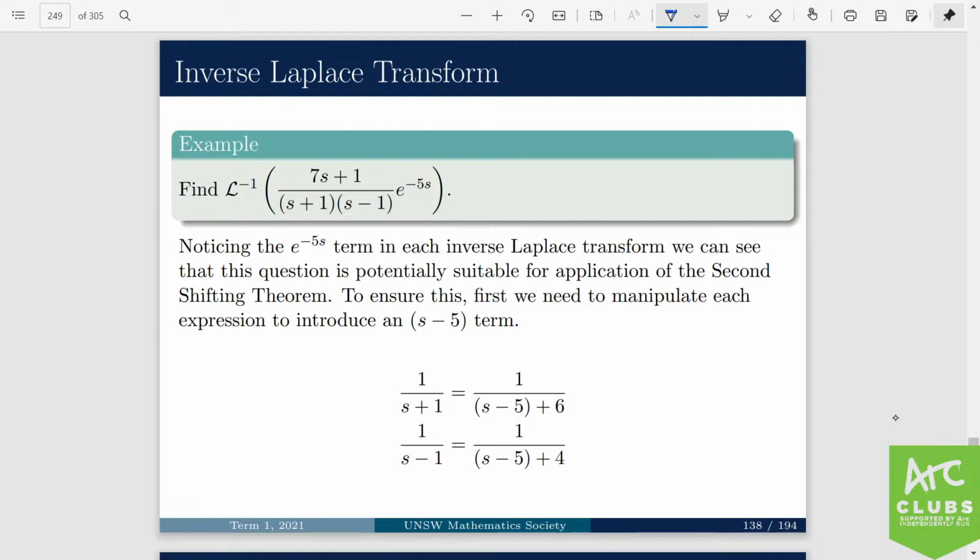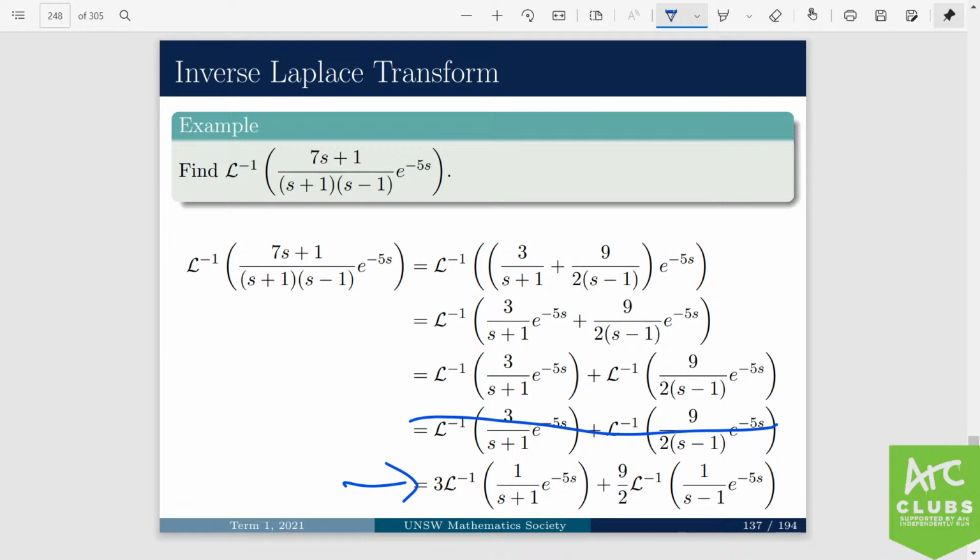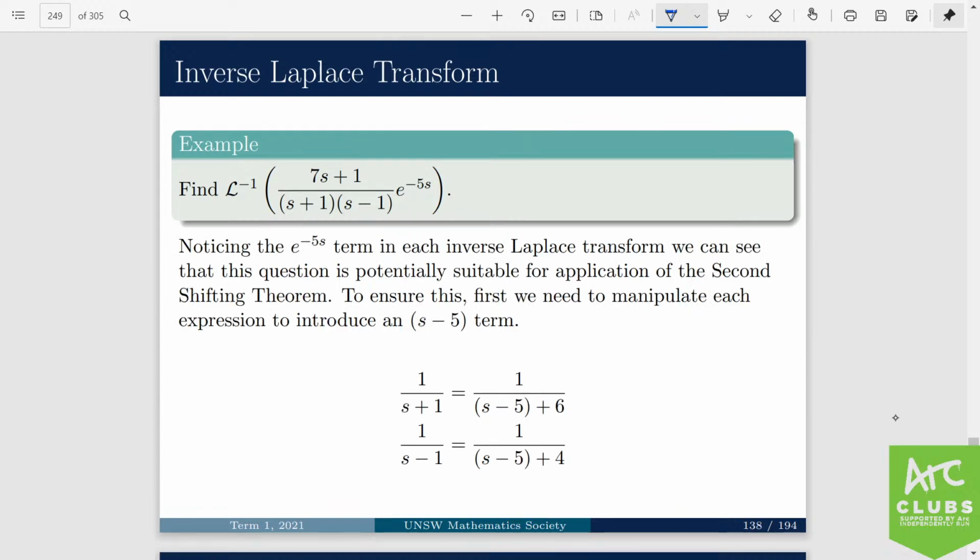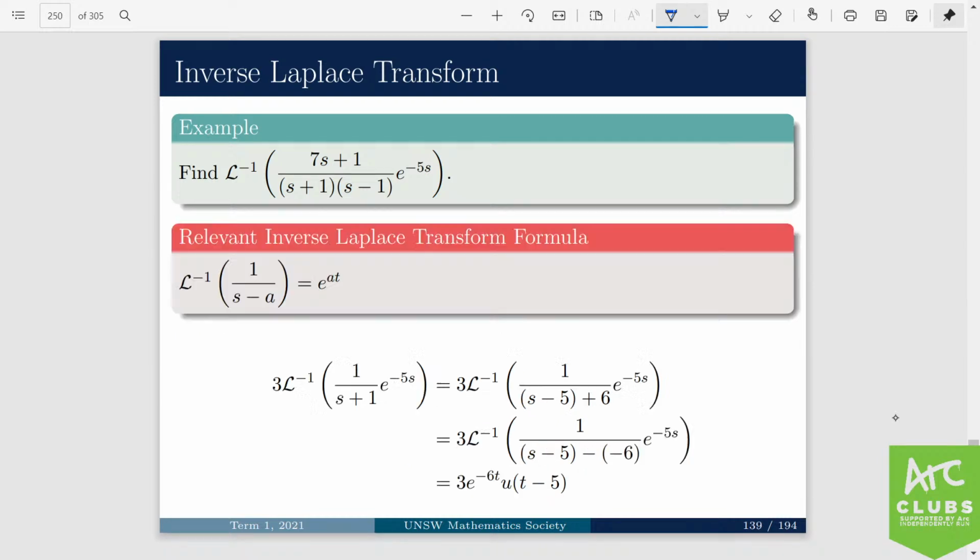So like we did in the previous question, we want to introduce the cut, essentially the equivalent in the time domain. Now we want to introduce the shift. So I turn these partial fractions here into shifted versions. So I introduce that shift, and these are all equivalent.